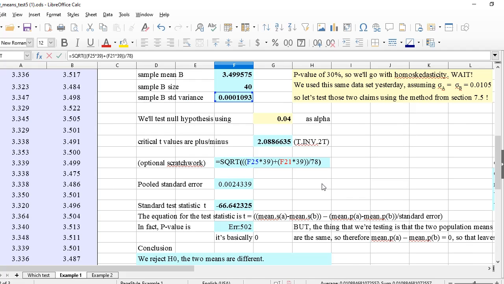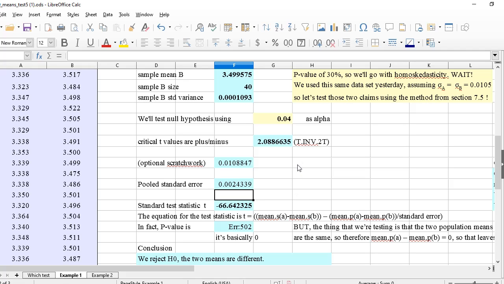So I have my square root, then I did my variance of B times the degrees of freedom, the variance of A times the degrees of freedom, and then I divided that by the overall degrees of freedom, which was the 78. Okay, and then that gives you an answer of 0.01. For our pooled standard error, I took the square root of 1 divided by the sample size plus 1 divided by the sample size, encased that in the square root, and then multiplied that by the value I had above, which was the first half of that equation, to give us a pooled standard error of 0.002.